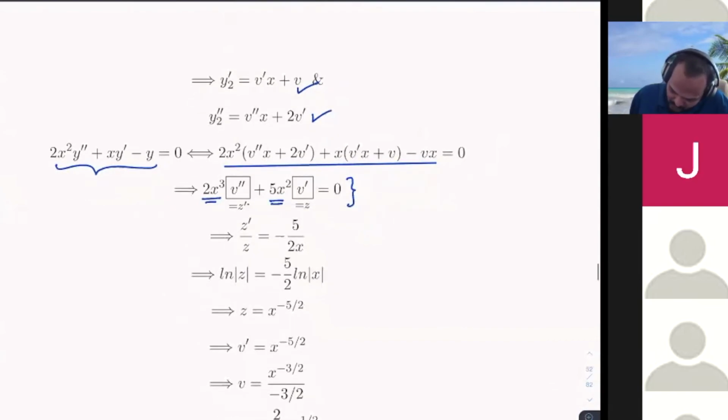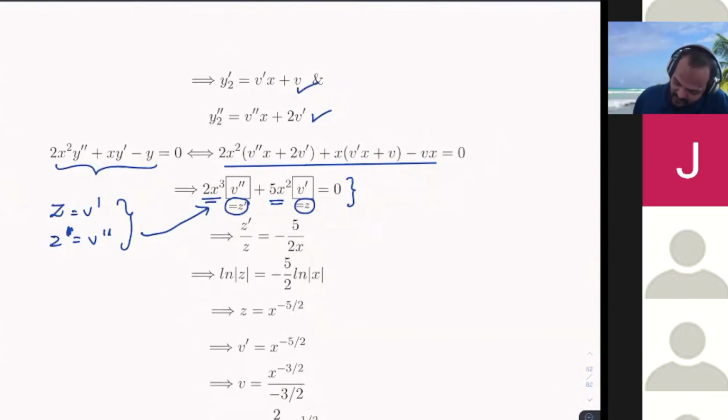And then I'm going to do a substitution here. Usually I use the letter w, but in this one I have a z. Let z equal v prime, then z prime would be v double prime. Then you plug it back in, and you have this differential equation, which you simplify as this. Here I'm using the variable separable method.